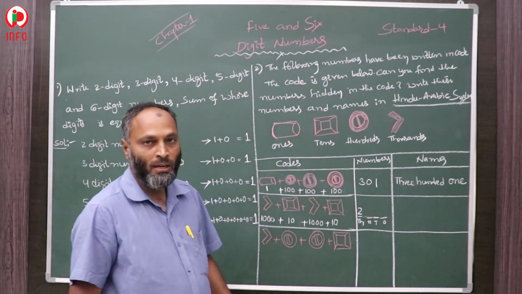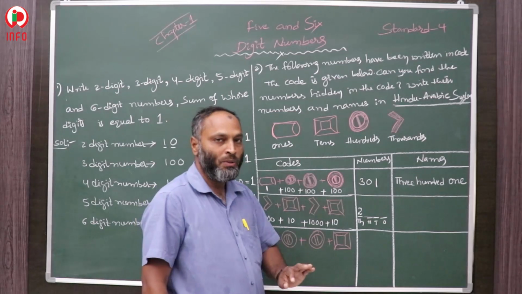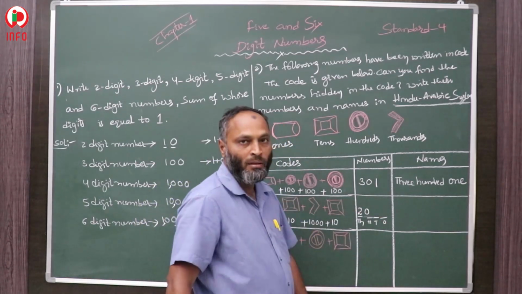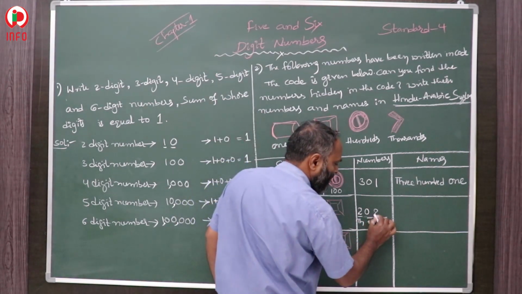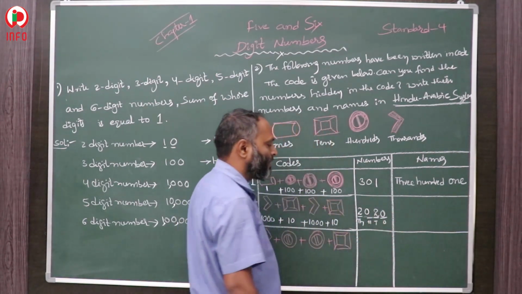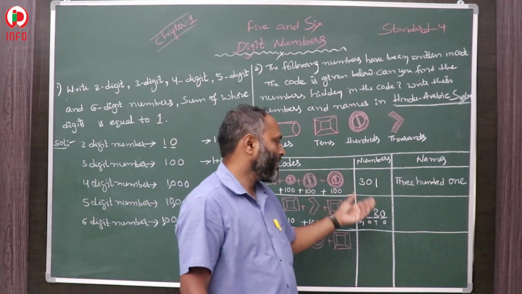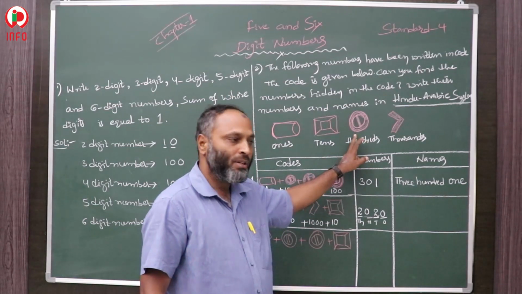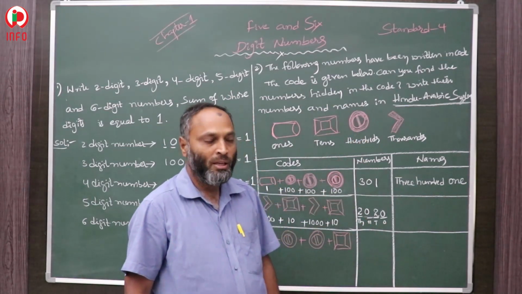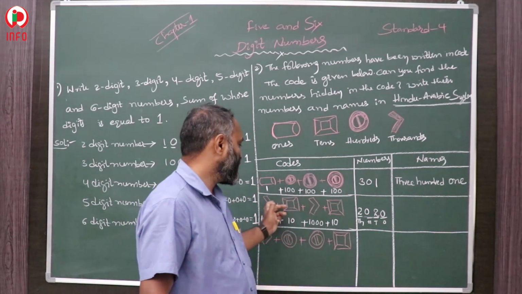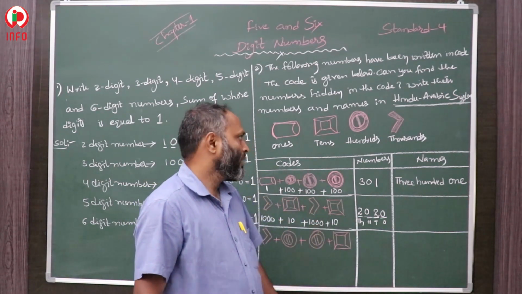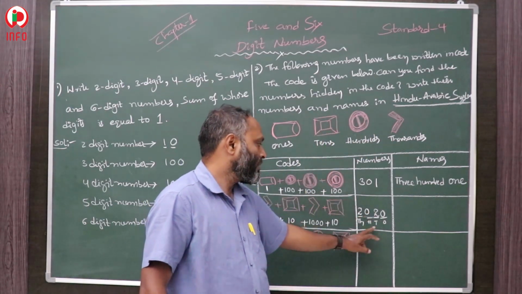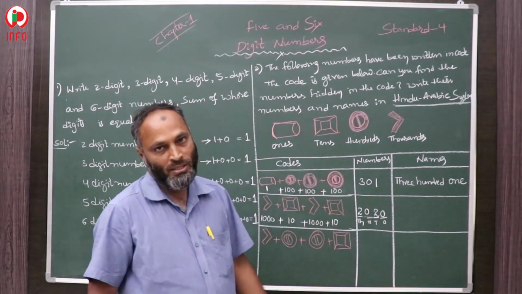There is no circle means there is no 100, so in the place of 100 we keep 0. Then 2 arrows, 2000s, and 2 squares, 2 tens. There are no ones, so ones is 0.